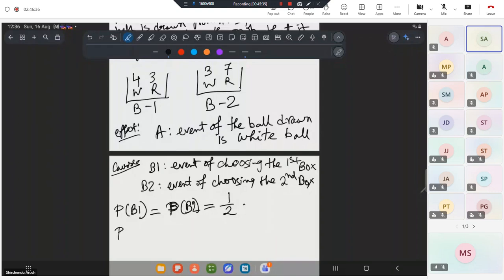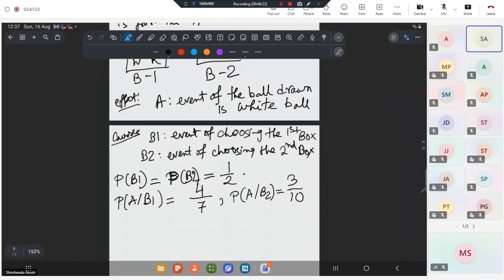Now, the probability of the effect given the cause, that is the probability of drawing a white ball given that you have chosen box 1: there are a total of 7 balls, and out of them 4 are white, so it is 4 by 7. Similarly, the probability of A given B2, that is, getting a white ball given that I have chosen box 2: the total number of balls is 10, and out of the 3 white balls I have to choose 1, so it will be 3 by 10.